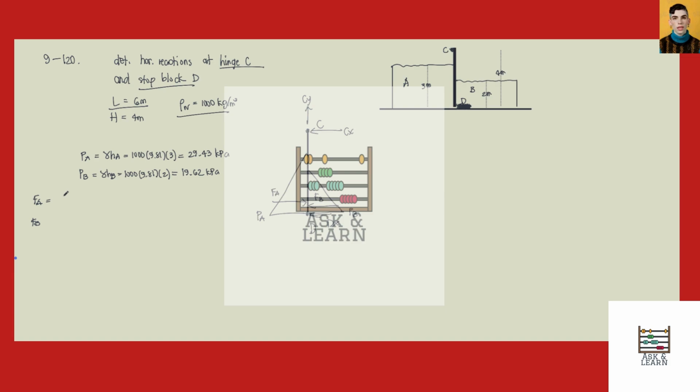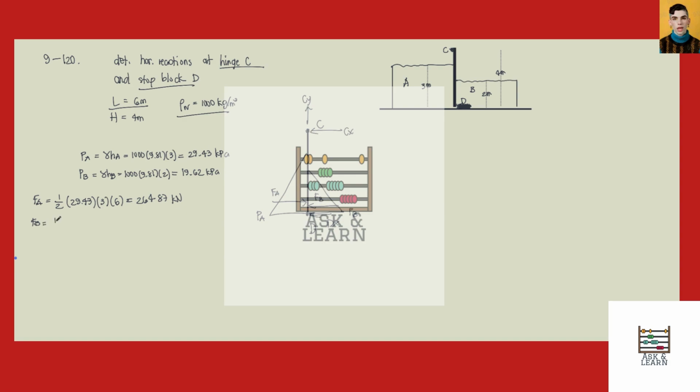So now we can determine the FA and FB. For FA, we have the volume of this water pressure. So we have 1/2 multiplied by the base, which is 29.43 times the height times the length of the gate, which is equals to 264.87 kilonewtons.